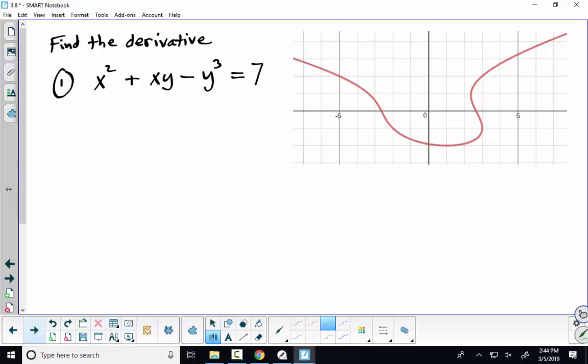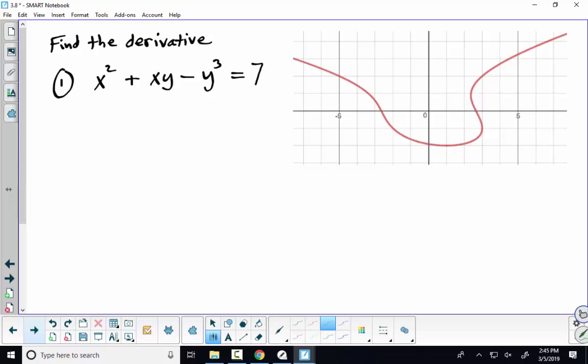So most of these things do not actually represent a function, because the idea is if I could solve for y in this relationship here, how many different functions would I get? However many y's you have. Yeah, however many y's we have, and we have 3 of them. The highest degree here is 3, so we would have 3 different functions of x if we did solve for y.